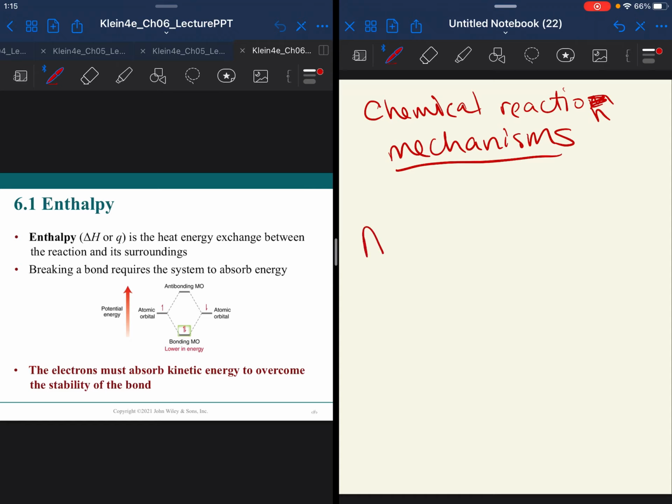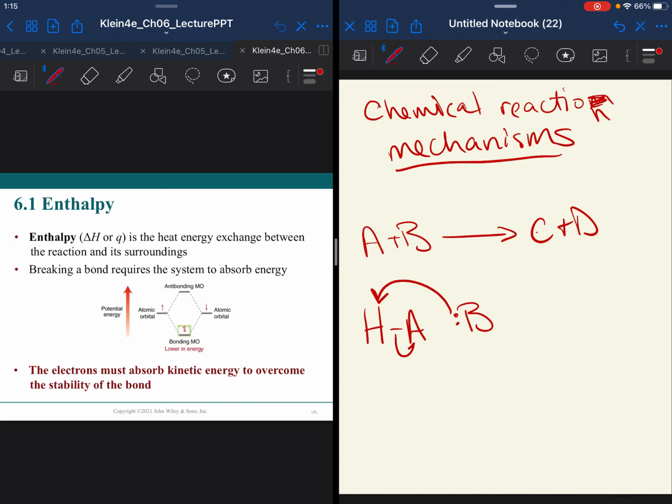When we talk about a reaction, we're often talking A plus B reacting to form C plus D. Reactants forming products. But that doesn't really tell you the whole story, right? We started to get a little bit of that story with our acid-base reaction when we look at HA reacting with our base, and we form a new bond between the base and the proton, and we break the bond between the hydrogen and the rest of the acid, right?